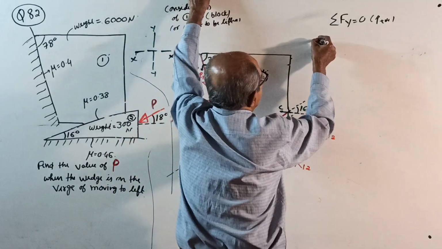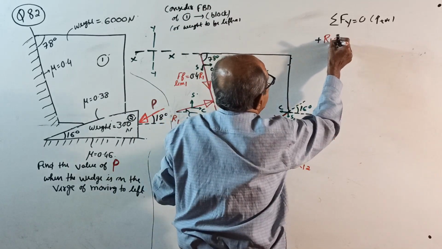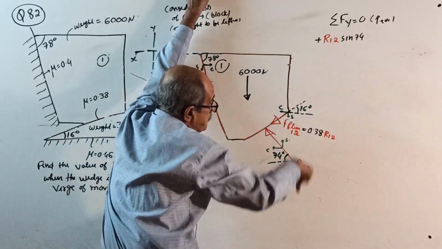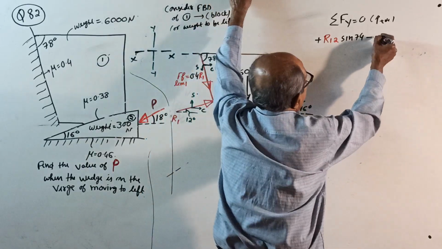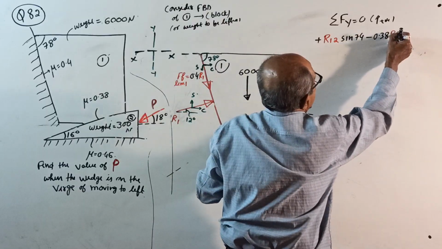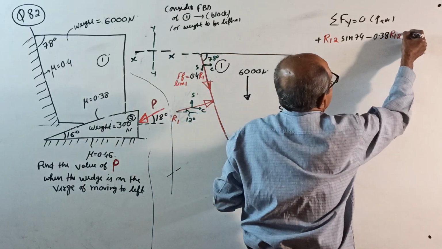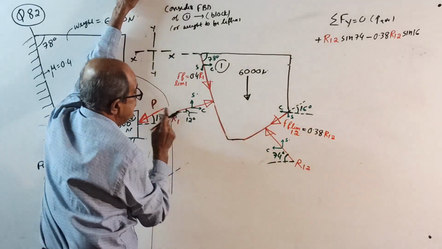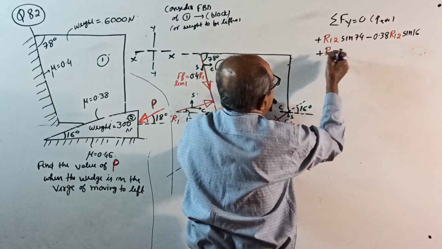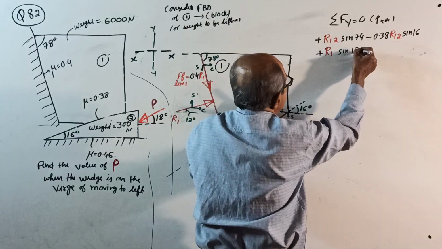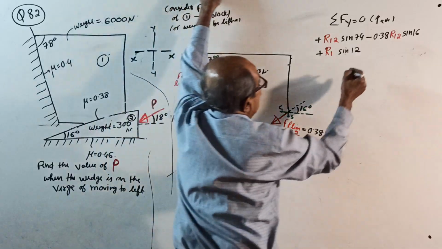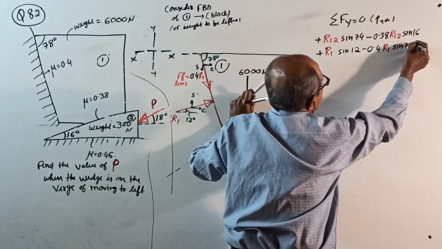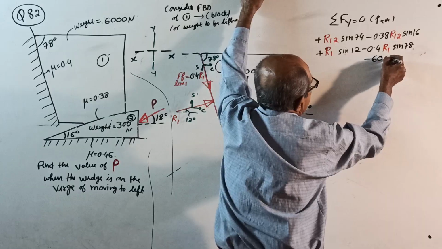Plus R12 sine 74, minus 0.38 R12 sine 16, plus R1 sine 12, plus R1 sine 12, unknown is red color, sine 12, minus 0.4 R1 into sine 78, minus 6000 equal to 0.